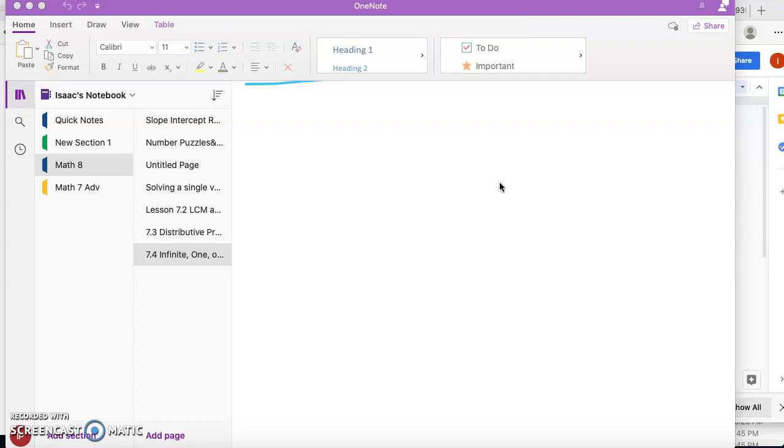So let's say I've got a rather tough one. Let's say I'm looking at 1/3 of 6x plus 3, plus 5 is equal to 1/2 of 4x plus 8.